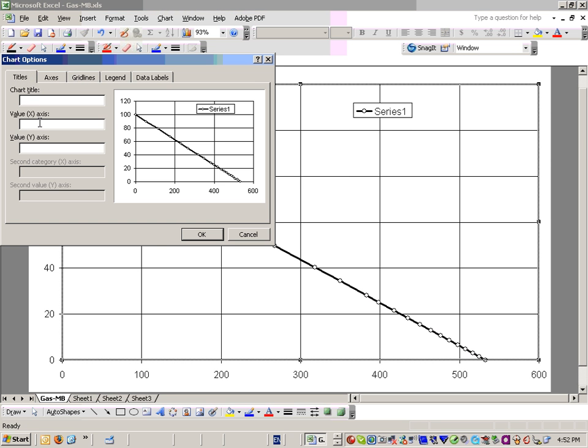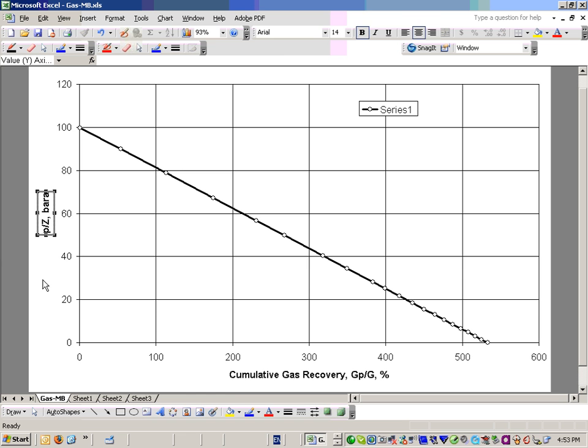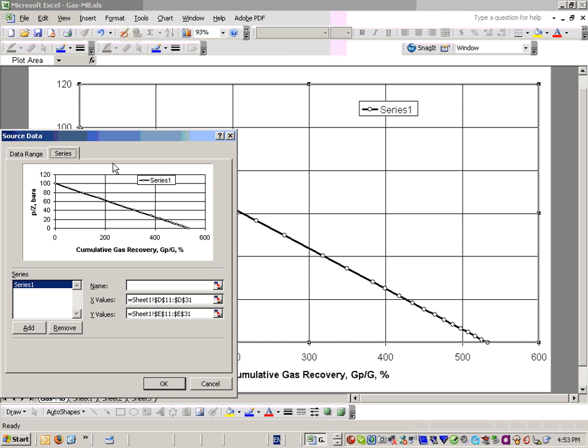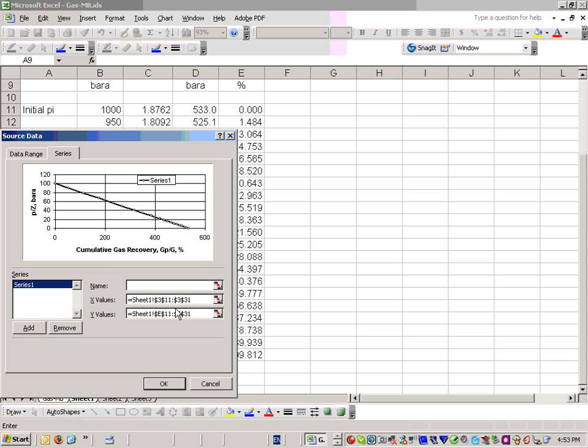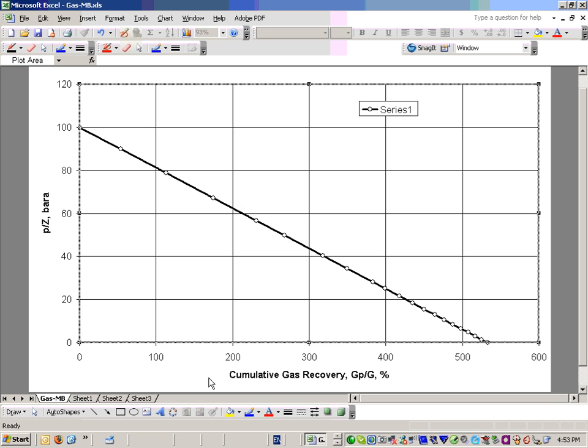We're plotting on the x-axis the cumulative gas recovery, GP over G in percentage, and the P over Z in bar on the y-axis, except that's not actually what we're plotting. We have to go in and change the series here, plotting E versus D instead. Yep, one more time.